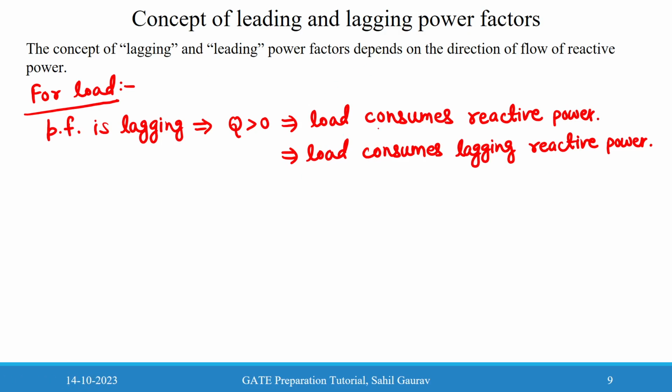Here I have written consumes. If you write in terms of leading reactive power, it becomes load supplies reactive power. If you are writing leading, then you have to specify leading reactive power. Q less than 0, sir.